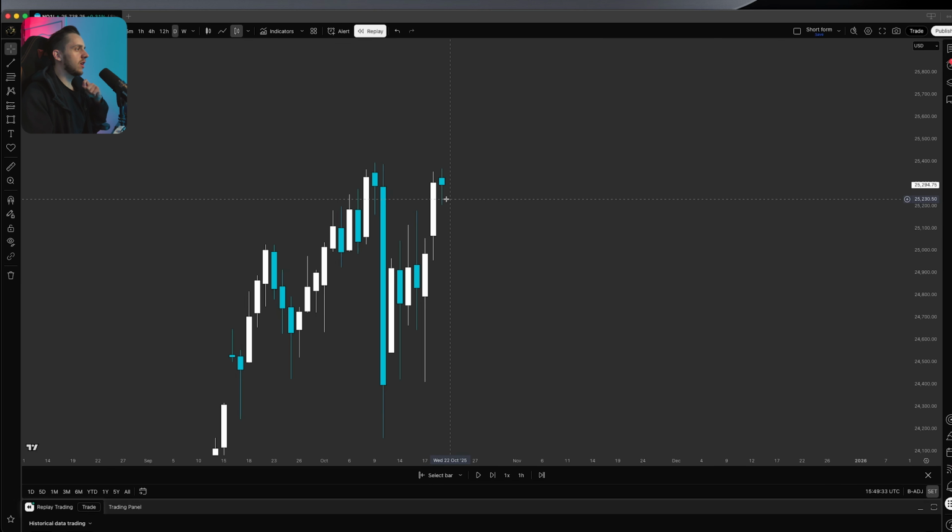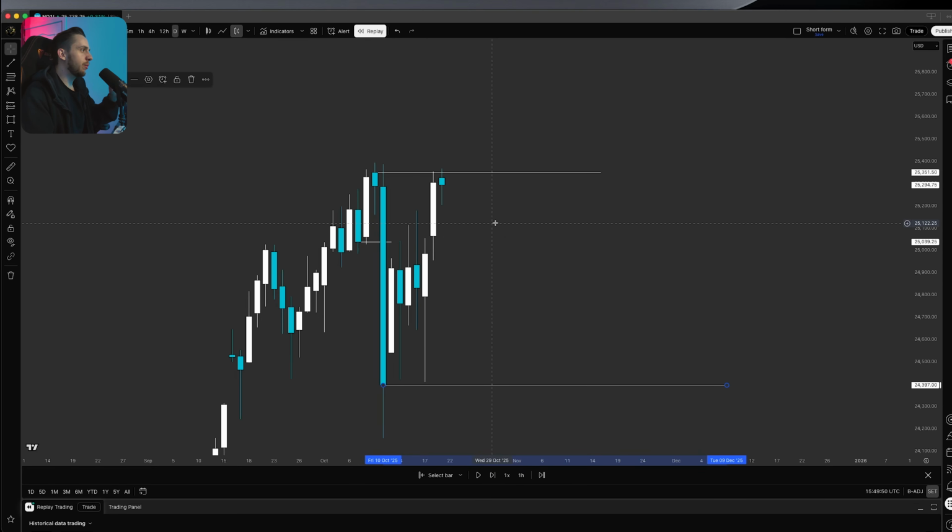So first question we need to ask ourselves: where are we? What's the market structure? Market structure is bearish so far. You got your break right here with this candle, and you got your high right here and your low right here. So price can do anything it wants in between here and still be bearish as long as it doesn't close above.